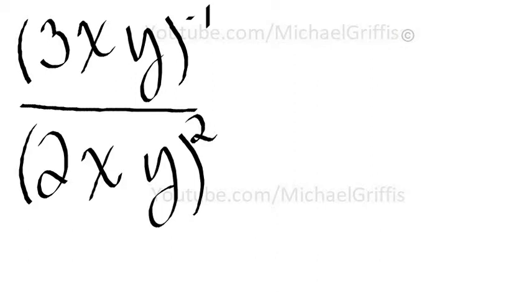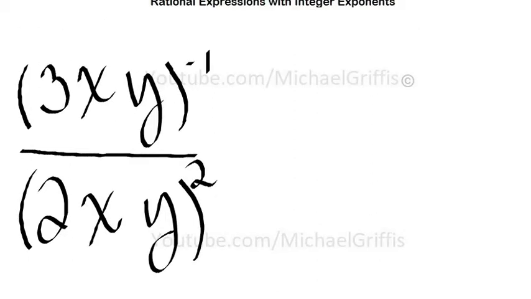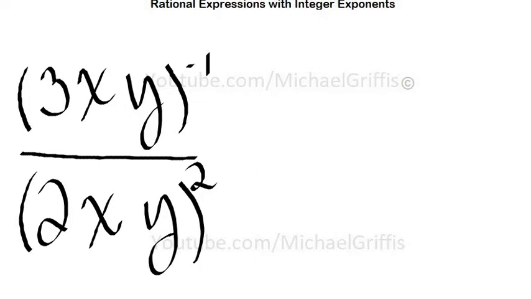So we can do this a couple different ways. We could go ahead and raise it up here, 3xy raised to -1, and distribute that -1 across. At least that's the way I say it. Or we could just take the whole thing to the bottom, and I think that's what I'm going to do.